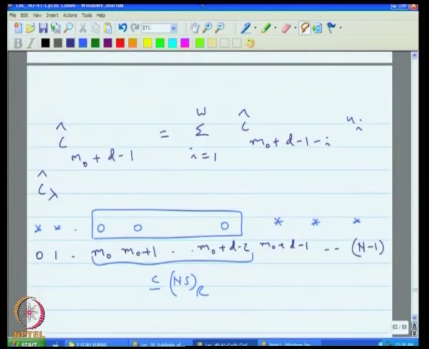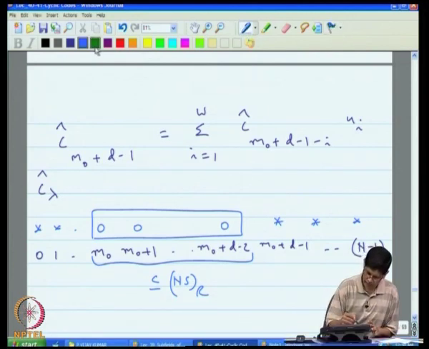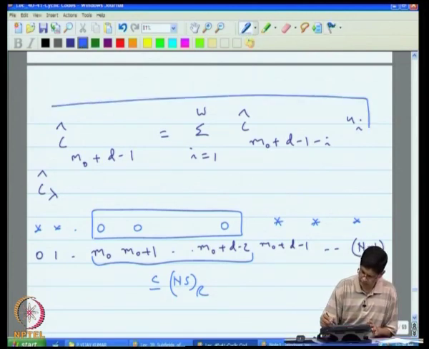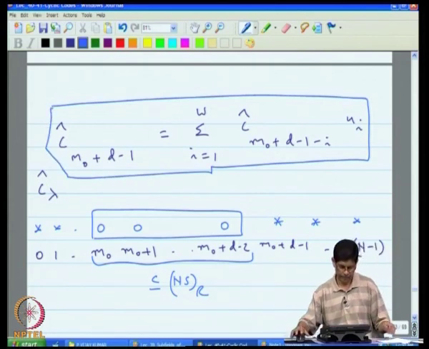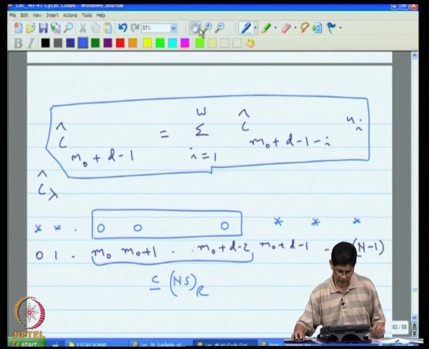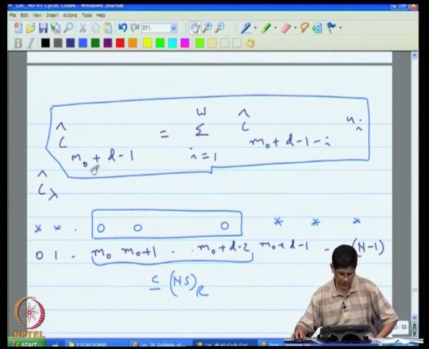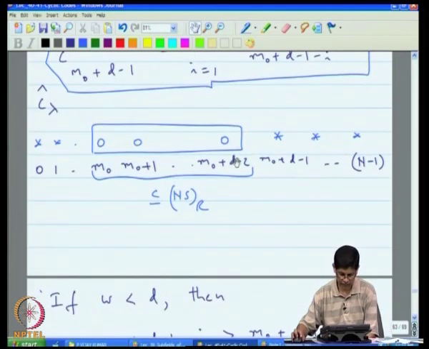Okay, here. So, let us look at this expression here. Okay. And so, picture this, that you are saying that the transform value at frequency m0 plus d minus 1 is some linear combination of the ones that came before it, the w terms that came before it.